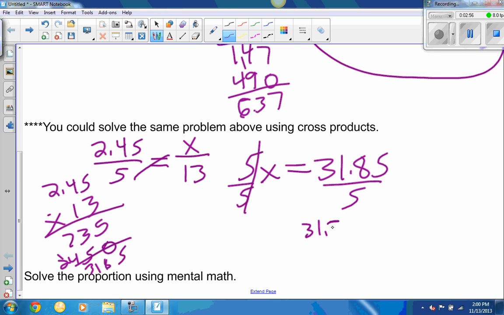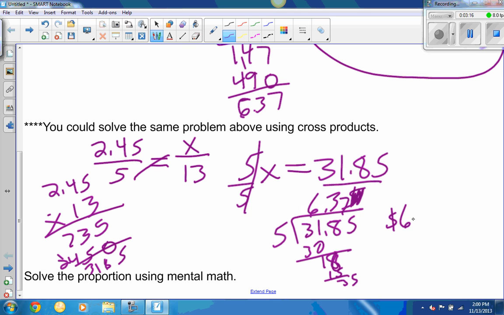So 3185 divided by 5. It goes in there 3 times, that'd be 15. And then 7, and so it's $6.37 for 13 cards.